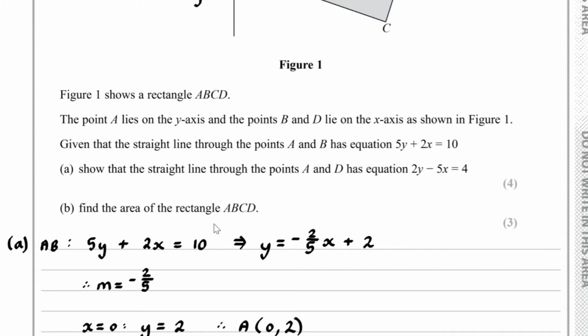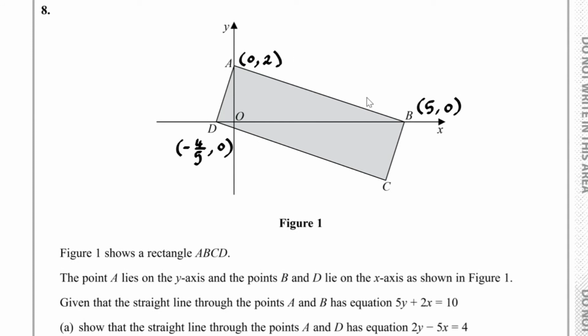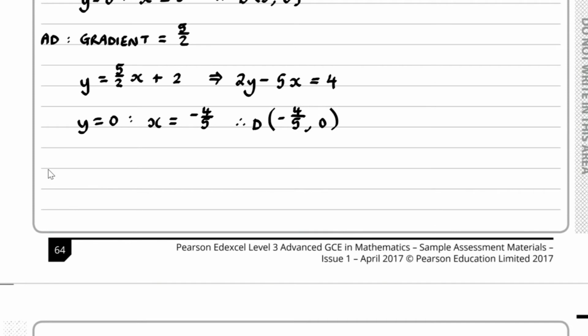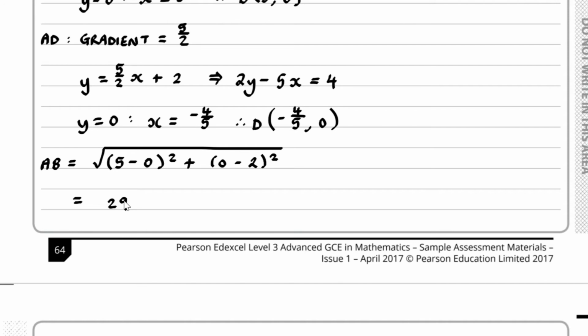Now, when we come to find out the area of the rectangle for part B, I need the length of AD and I need the length of AB. So, the length AB will equal the square root of 5 take away 0 squared plus 0 take away 2 squared. So the length of AB will equal square root of 29.